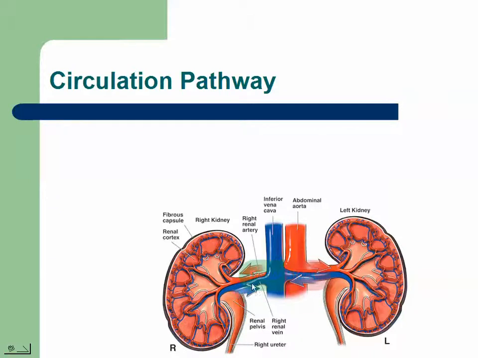Now here's the thing I do want you to know. These renal veins come back to the vena cava, the inferior, meaning it's in the lower half of our body, vena cava, and that's going to go back to the heart. Blood from our legs that has had its oxygen dropped off and turned blue, no longer oxygenated, is coming back up through the vena cava.